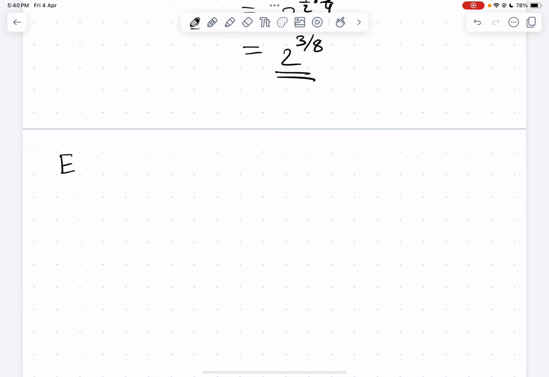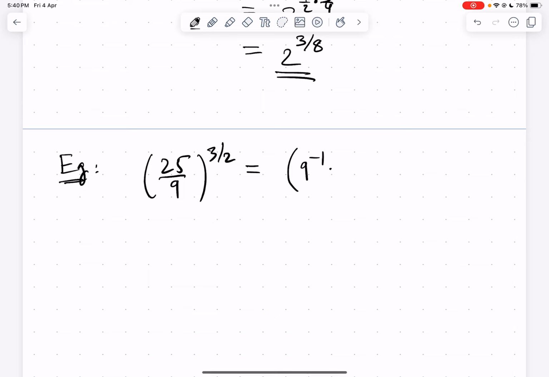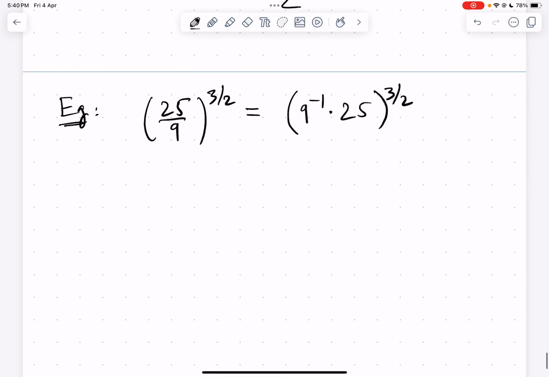So another example. What is 25 by 9 power 3 by 2? 25 by 9 is 9 inverse times 25, and we need to take power 3 by 2. So AB power R is A power R B power R, right?